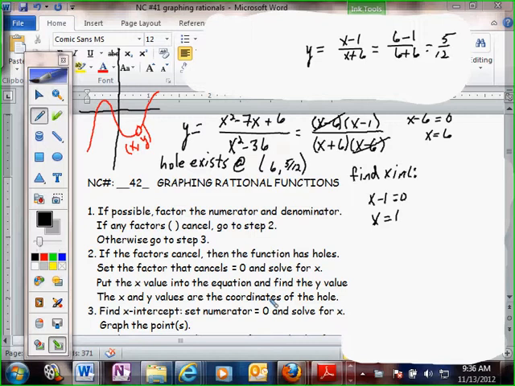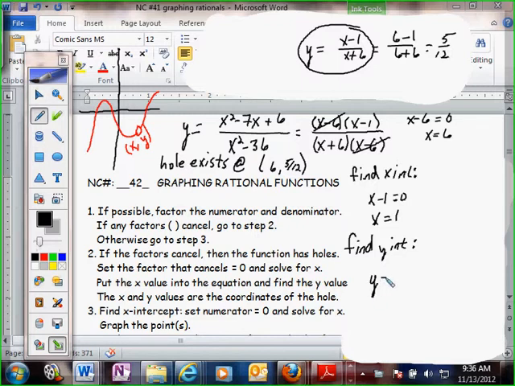Now to find the y-intercept. Number 4 says to find the y-intercept. The way we find the y-intercept is to plug 0 in for x and solve for y. This is nothing new. We've known how to do this since Algebra 1. So I take my function of what was left, after the hole came out, and put a 0 in for x and solve for y.